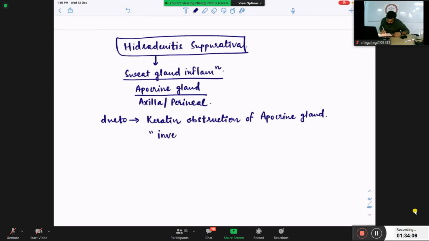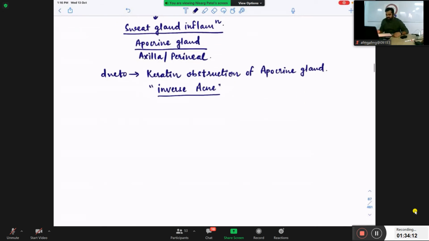That is why this is known as inverse acne.